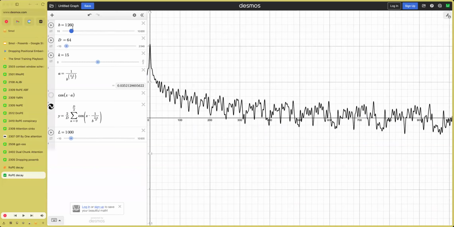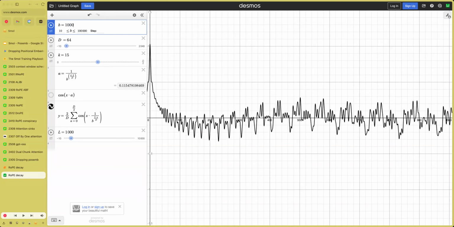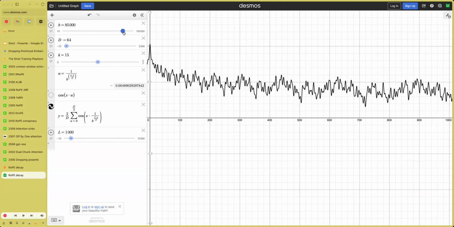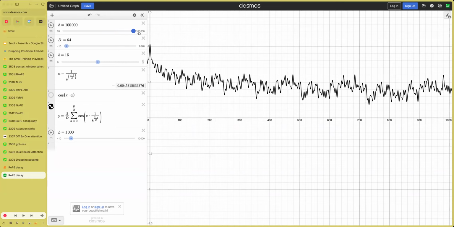B is our base frequency, which is usually set to 10,000 by default. The x-axis is again the relative distance between tokens, and this is the attention score, but I normalized it to one this time, so we don't have to always adjust the scale. We can see that if we increase the base frequency, this decay becomes less.